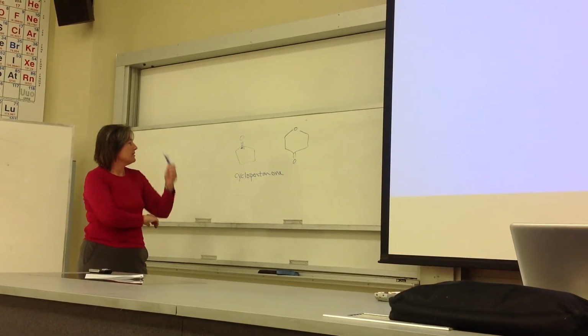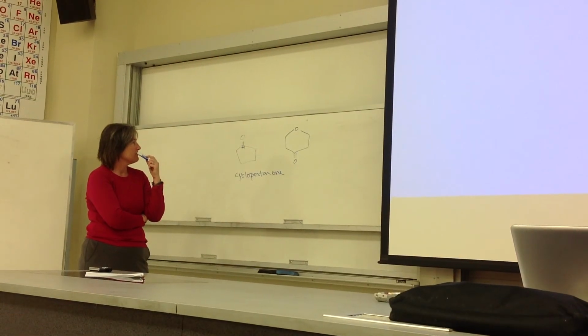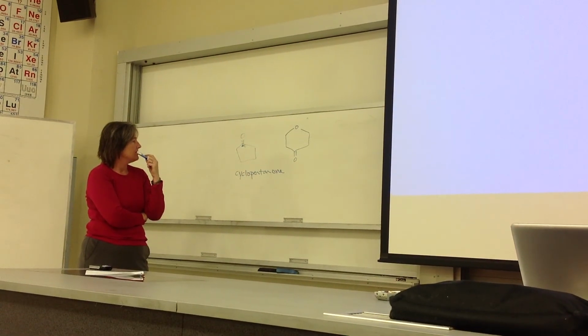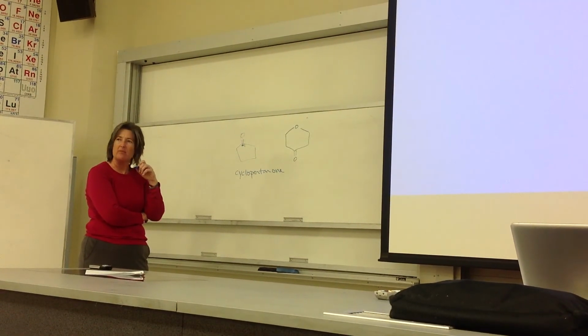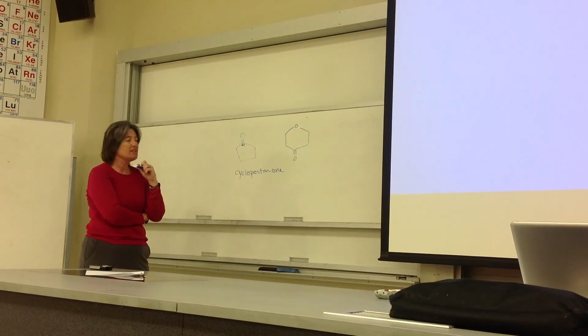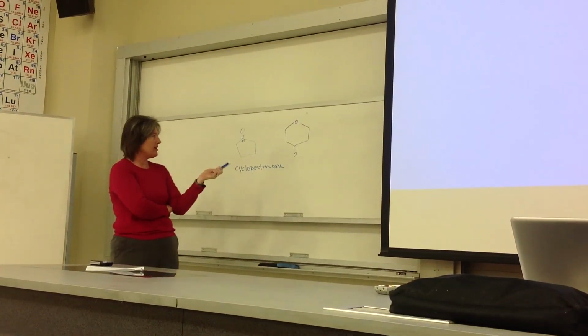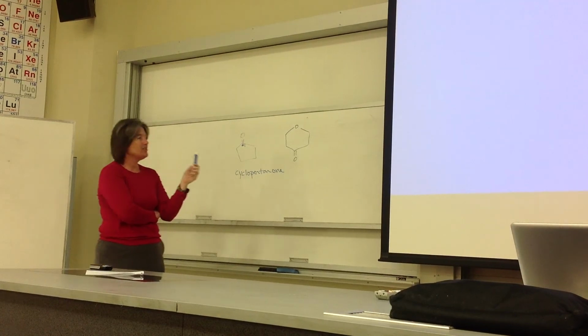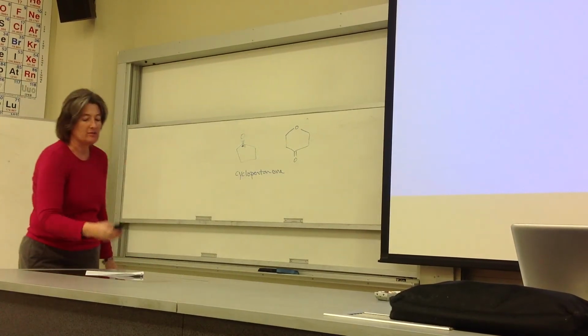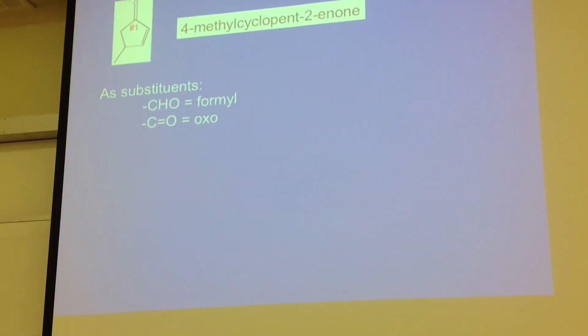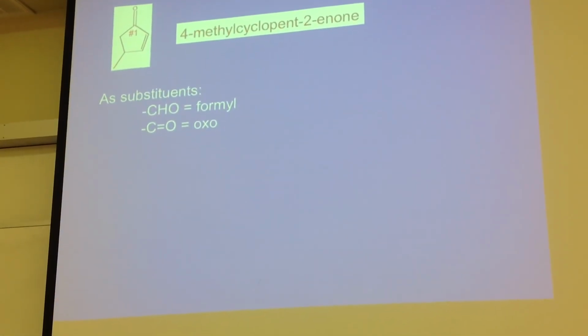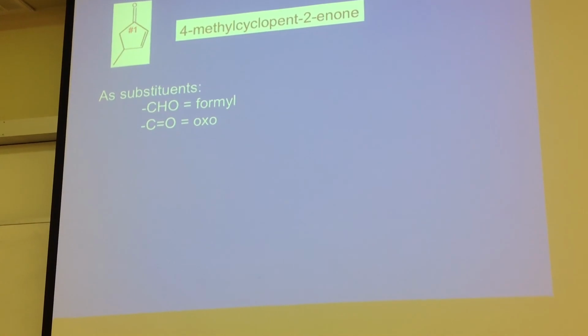Oh, the ketone would. I don't know what you call that. I'm going to look it up. The ketone has priority, but I'm inclined to name it as a substituent. It would be easy. I don't know if it's right though. I feel like that's what I want to do, but it could be wrong.